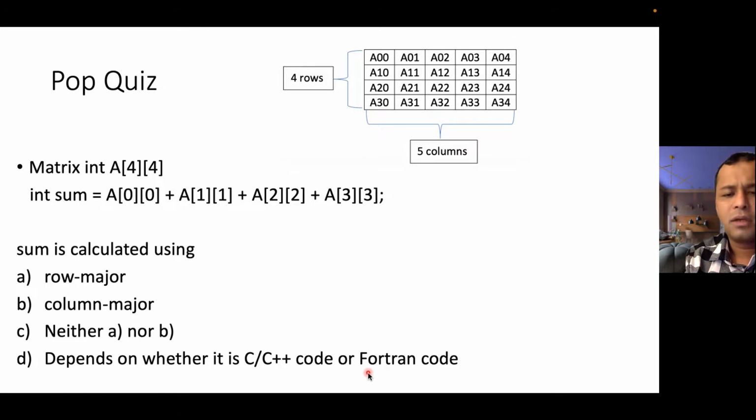Formula translation. Yeah, it's an older programming language. All right, so what do you think? A00, A11, A22, A33. So this is neither row major nor column major. You can see it is actually a diagonal order. So diagonal order is neither row major nor column major. All right, so the answer would be C.